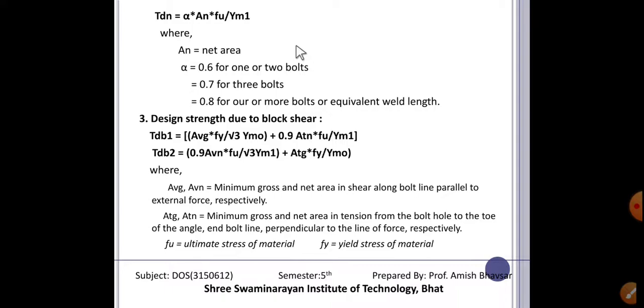That block shear must be checked by us for the designing of the member. For that we have these two equations and we put all the values in this equation and we can get the block shear failure. This block shear failure, this rupture and the gross area, from these three we can get the TD.